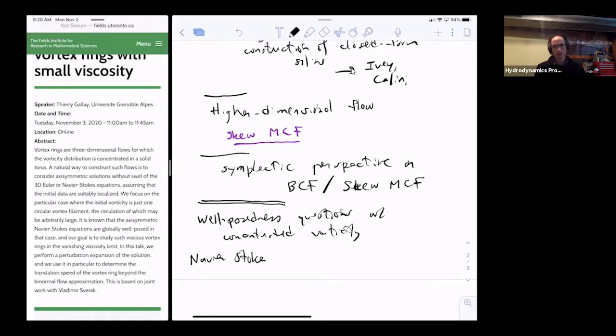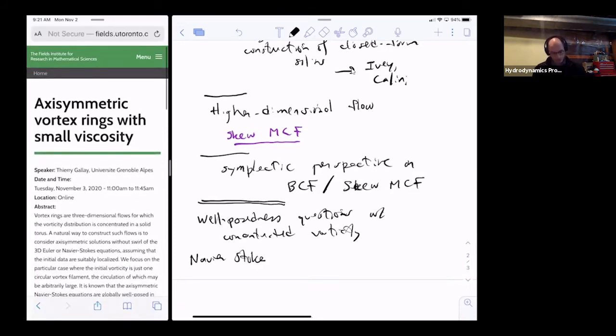I think they want to consider axisymmetric flow with swirl. And so this is a regime different from the one we've been talking about, and one in which corrections to the binormal approximation should appear. So this is Germain, axisymmetric with swirl, and that's Gallay.